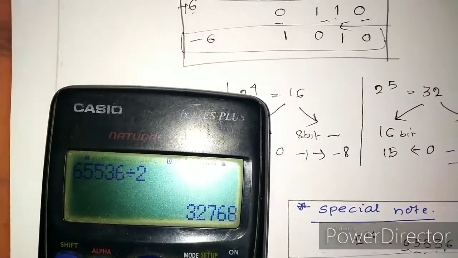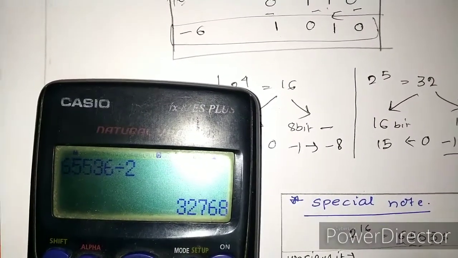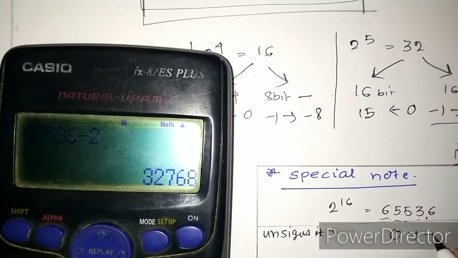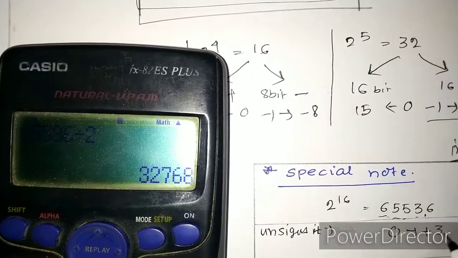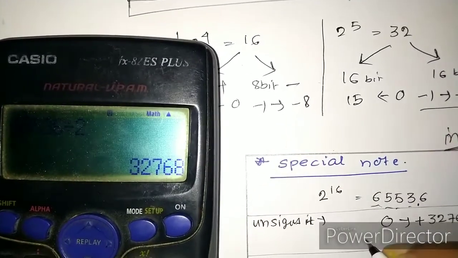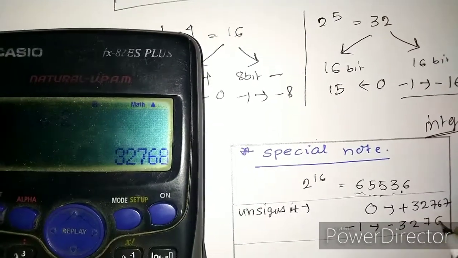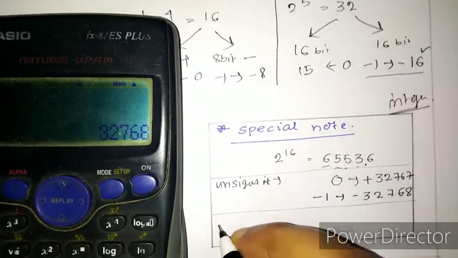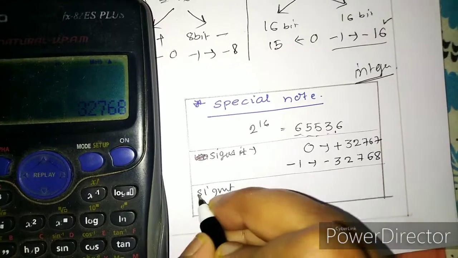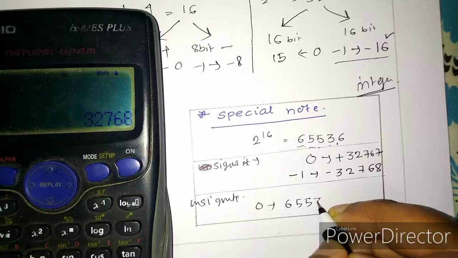It means that for signed integers, the range will be 0 to plus 32767, and minus 1 to minus 32768. And for unsigned integers, it will be 0 to 65535.